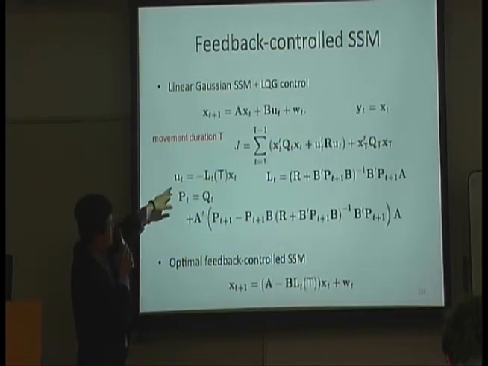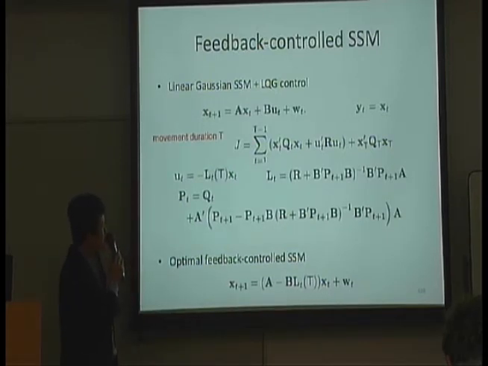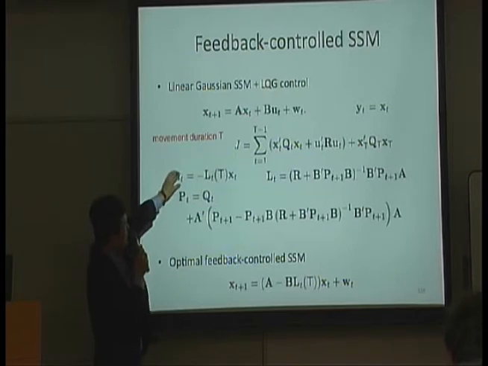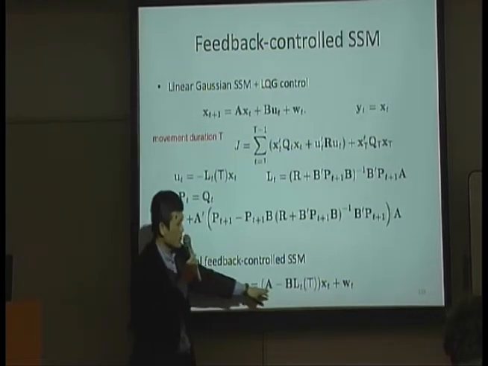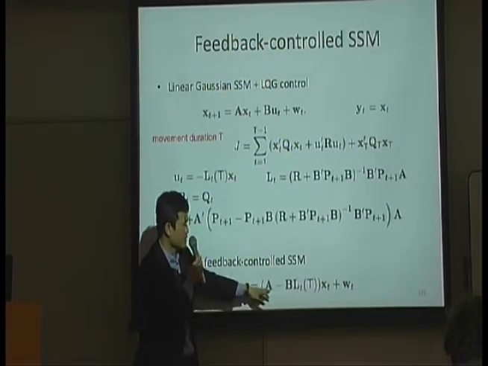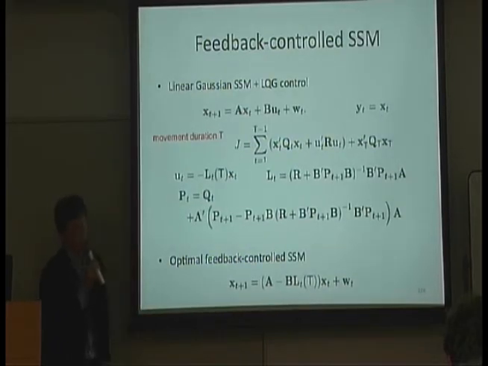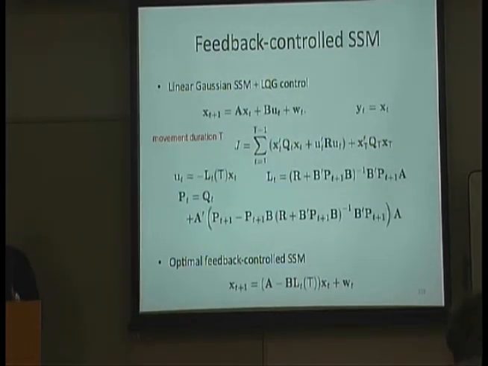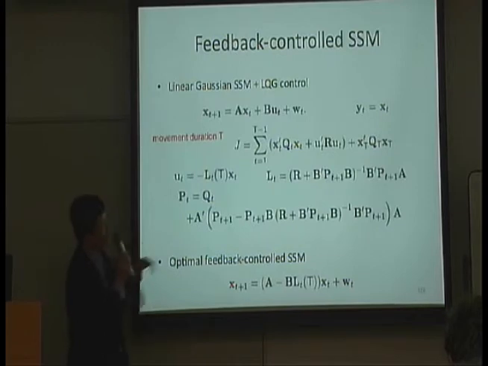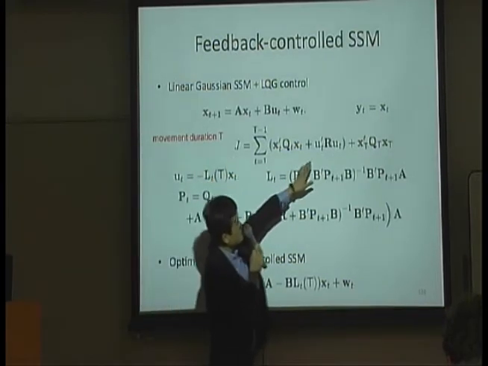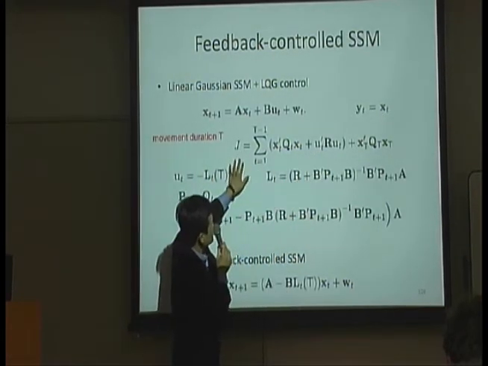Then you have this analytical form for u. And then the optimal control feedback, basically you want to apply this u, and this is your feedback control state space model. So basically you want to use this control because you want to minimize certain criteria with this cost function.